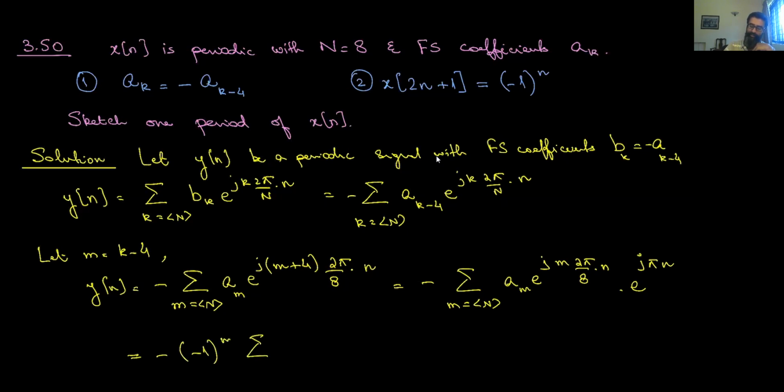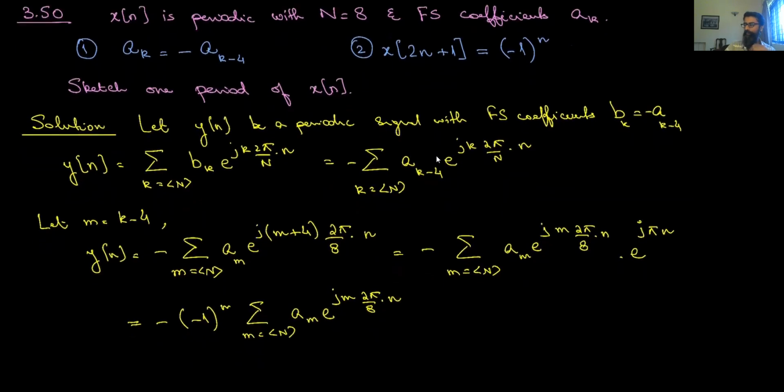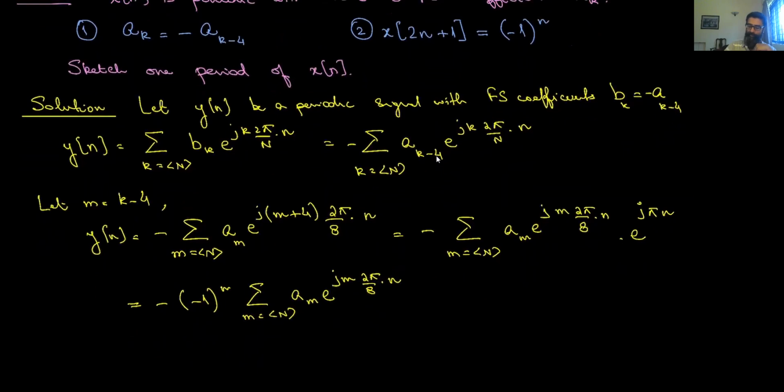Okay, good. And what I have here is e raised to the power j m 2 pi by 8 times n. What is this equal to? So you see, this thing here is nothing but x of n.